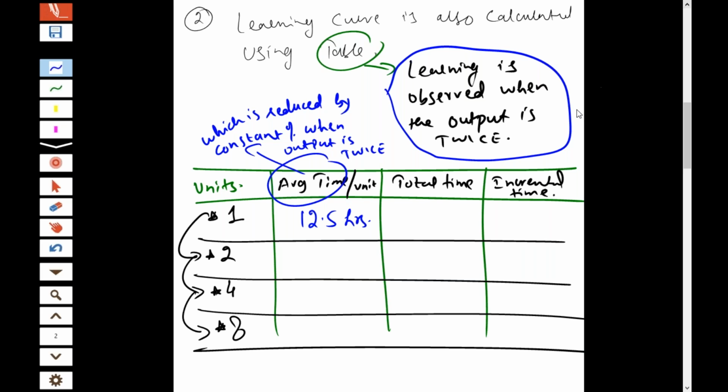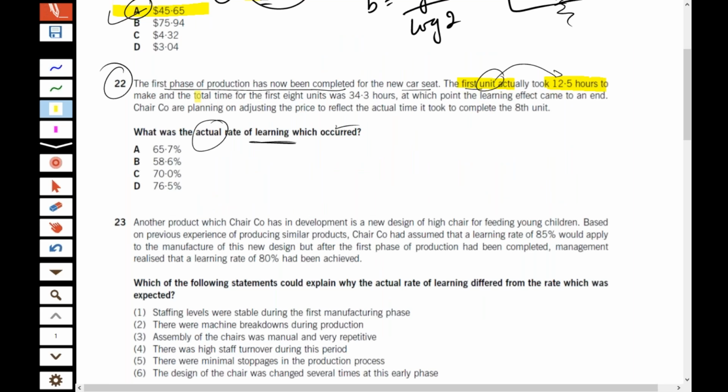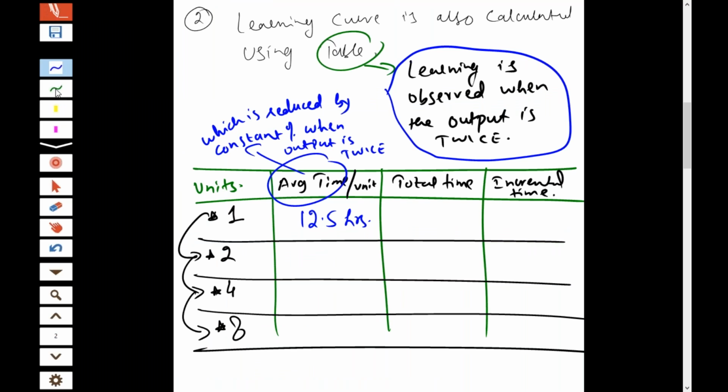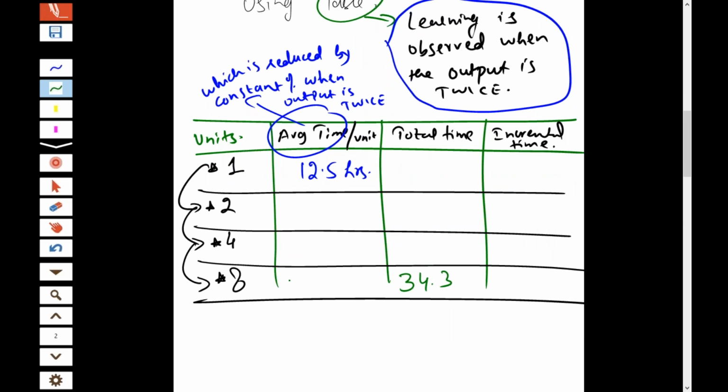Okay, now see what the information is mentioned here. That is the total time for the first eight units, 34.3 hours. That's the total time. So I am writing in the column of the total time 34.3. Now how did I calculate this? By multiplying this average time.